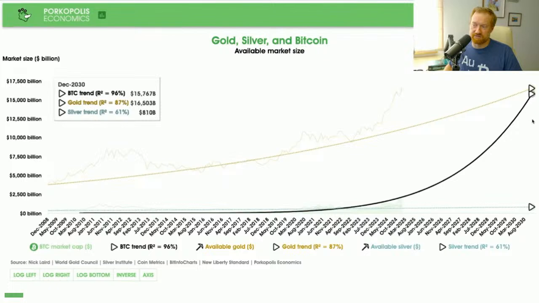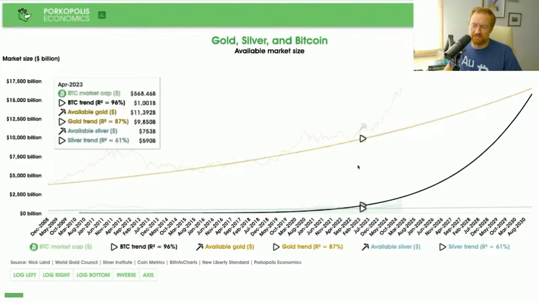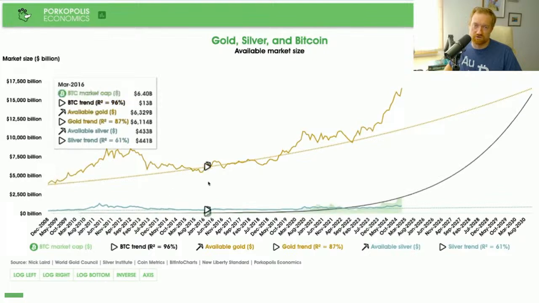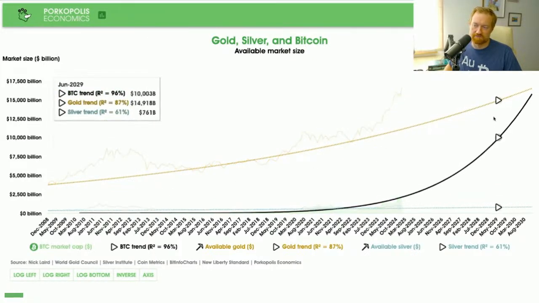This is the trajectory to pass gold somewhere by the end of the decade. Maybe by that next halving in 2032, fully for sure. These are two exponential curves in gold and silver markets and one power curve in the Bitcoin market.